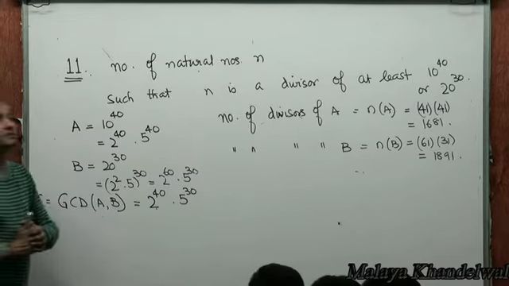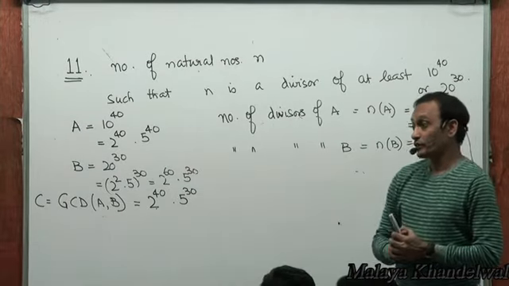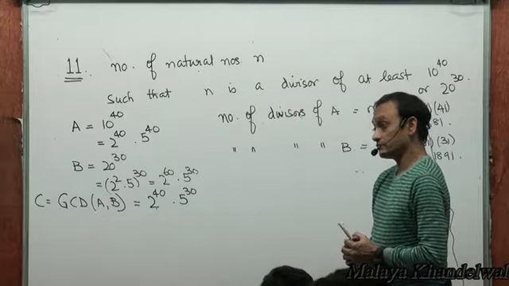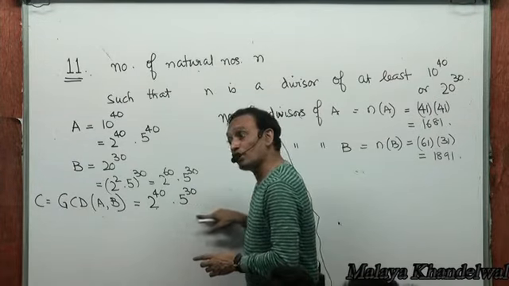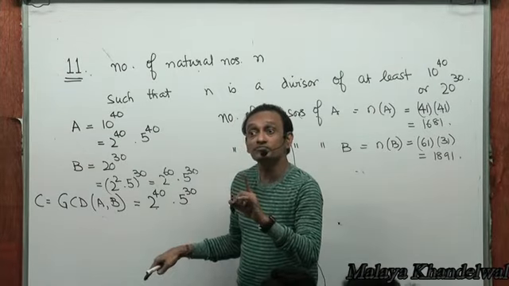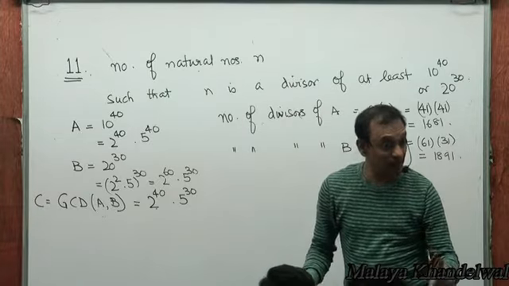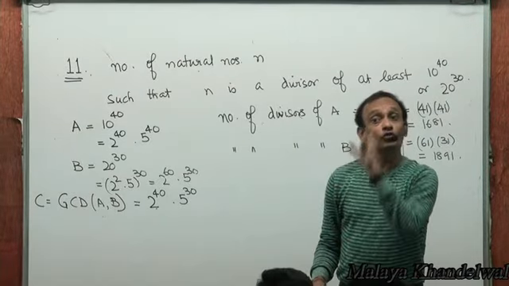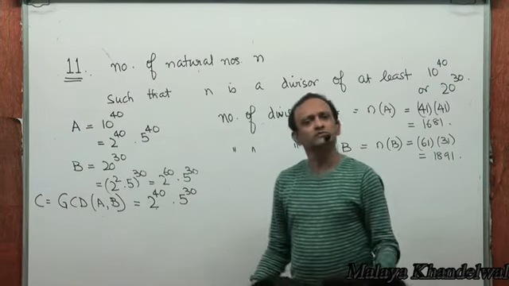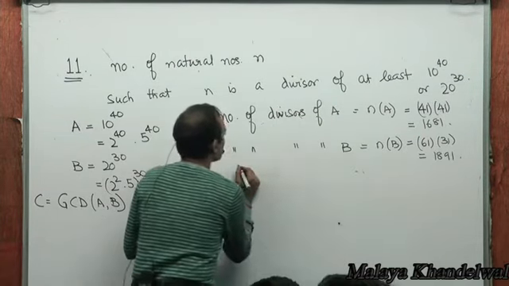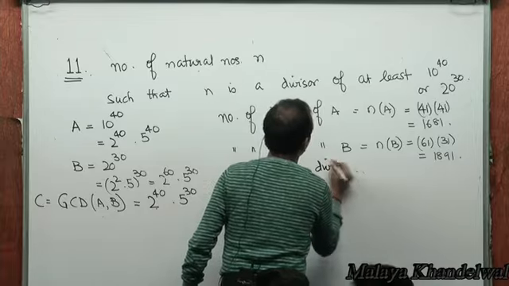The number of numbers that divide both A and B would be the number of divisors of their GCD.